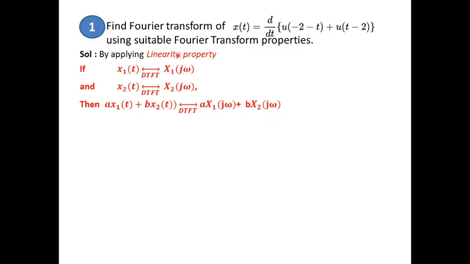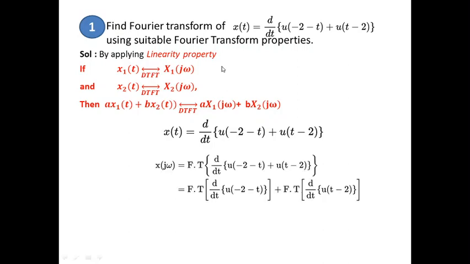First, by applying the linearity property, we know the linearity property statement, so x of t can be written as d by dt of u of minus 2 minus t plus d by dt of u of t minus 2. The Fourier transform of x of t is x of j omega, which is the Fourier transform of this entire equation.